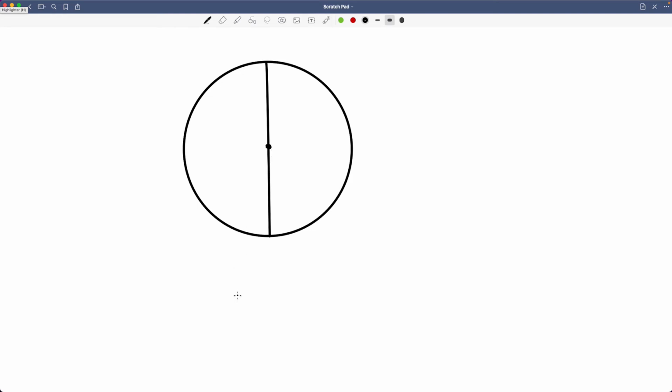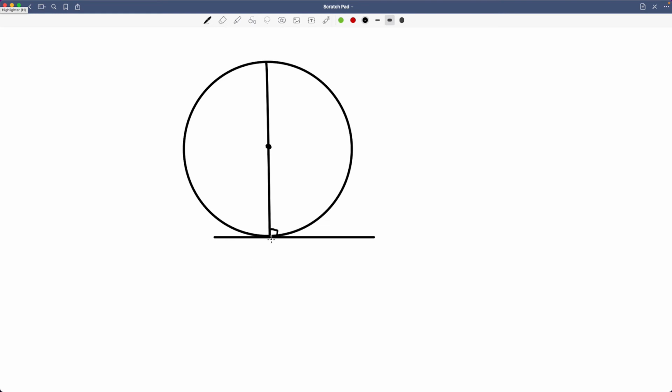We know that whenever we draw a tangent to a circle, that it is always at a 90-degree angle. Let me put that in the right spot. We want it just on the outside. So we know that this tangent is always going to be 90 degrees to the radius. It's always 90 degrees to the radius. That's how we determine the tangent.